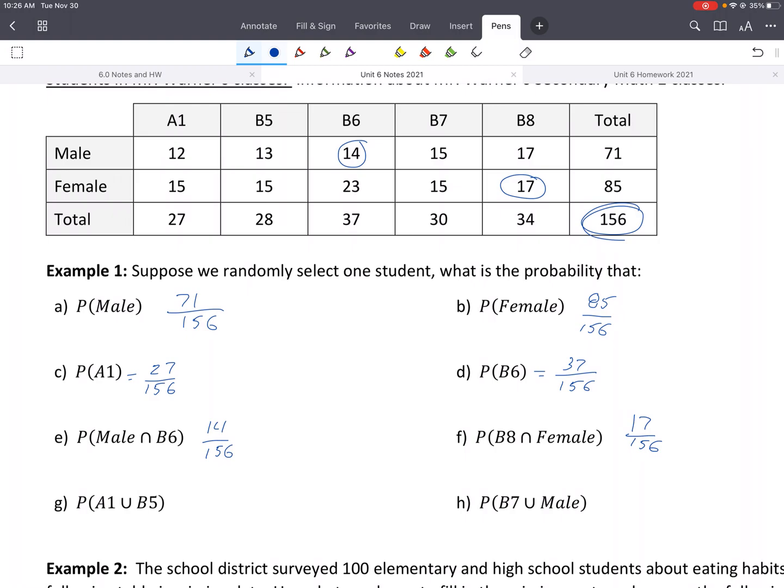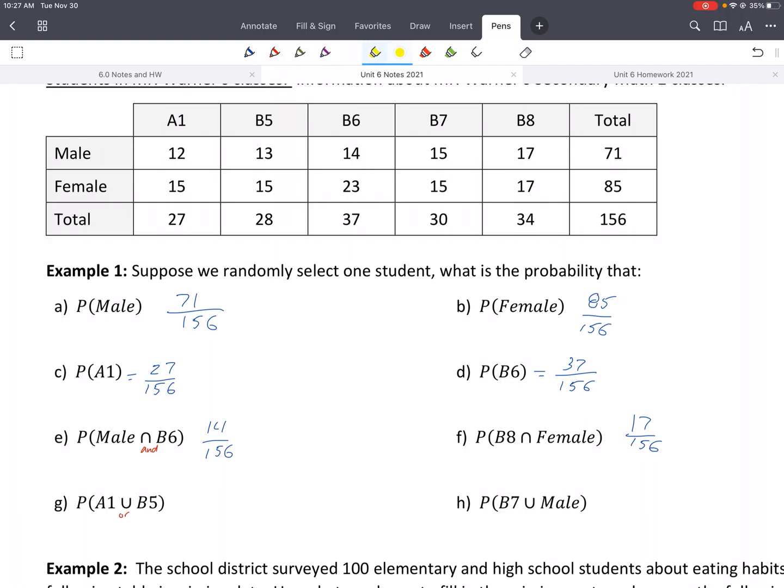Now let's talk about unions. These are the ones I think are a little tricky sometimes. Union, again, is we take all of them. This is like the word and, and this is like the word or. So you win if I pick a student from A1, and I also win if I get someone that's in B5.